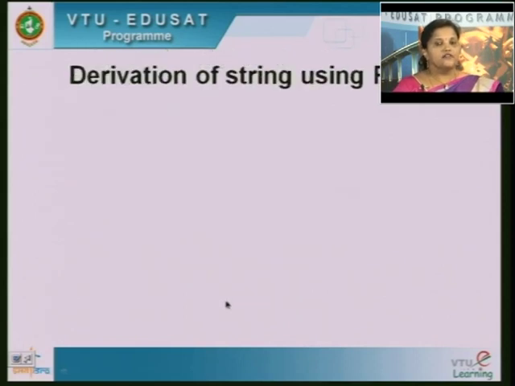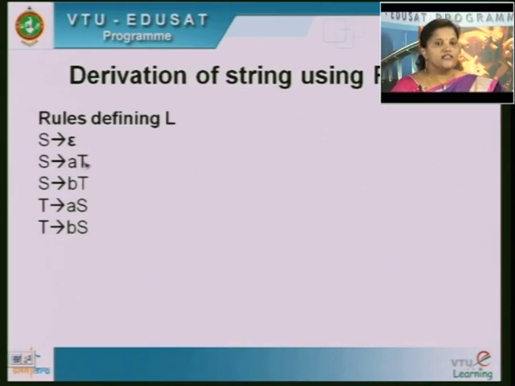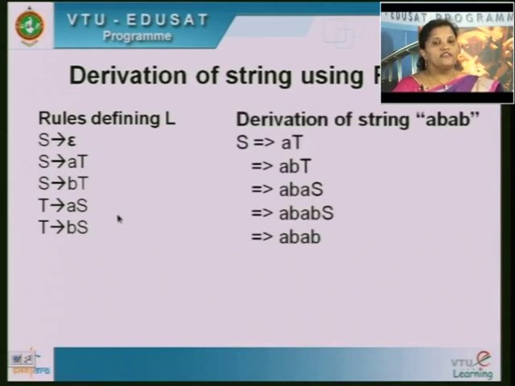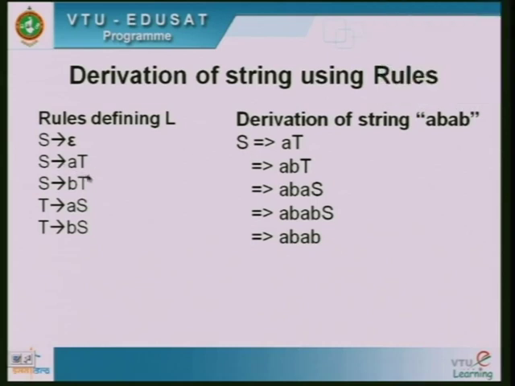Let us derive a string using these rules of the previous problem, that is, to accept even length strings. Let us derive the string abab, which contains the symbols a and b and is of even length. We start with S. We have the rule S derives aT, so first we apply that.